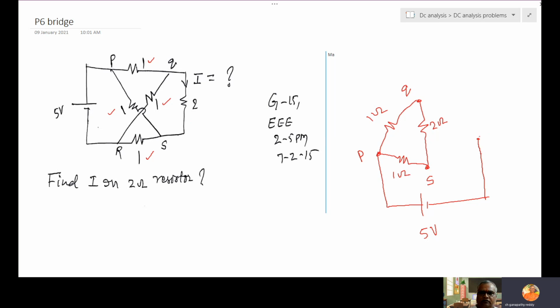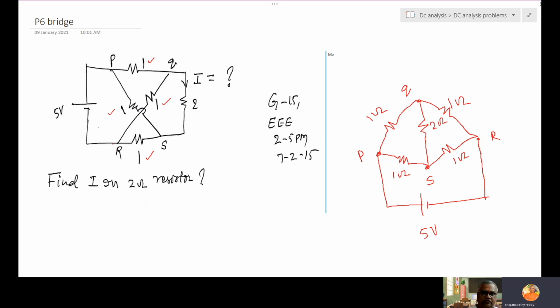So this point is R. And R and S again 1 ohm. And Q and R is also 1 ohm. So now it is the same bridge only, no? So P, Q, R, S.